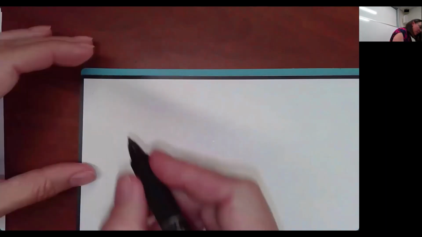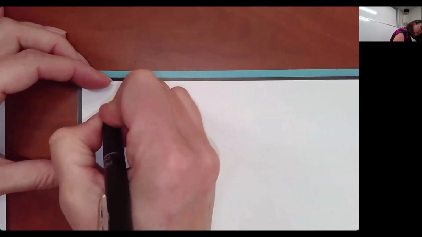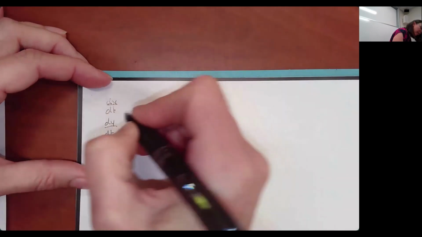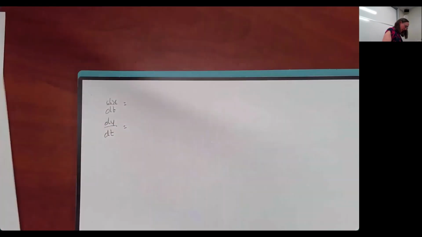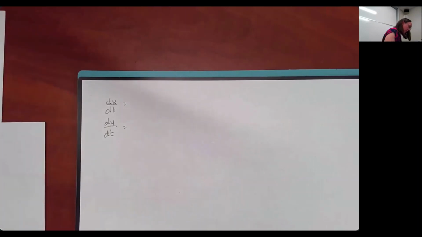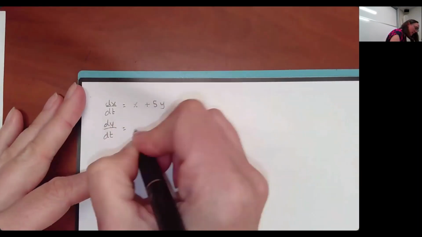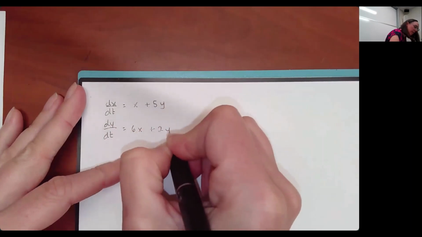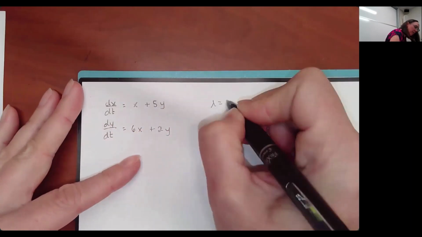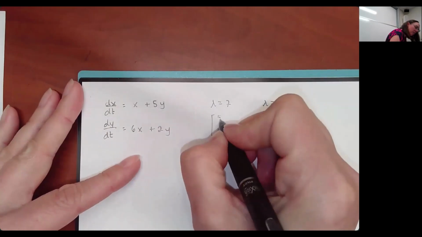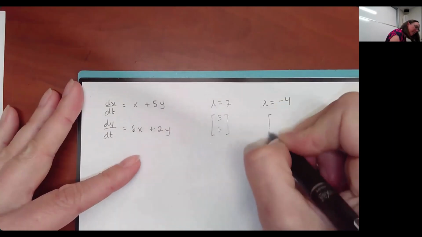Okay. So we started off with dx/dt, dy/dt. I'm just going to keep writing this dang thing over and over again. And somewhere on here, x plus 5y, 6x plus 2y. We found lambda 7, lambda negative 4. This had an eigenvector of 5, 6. Yeah?